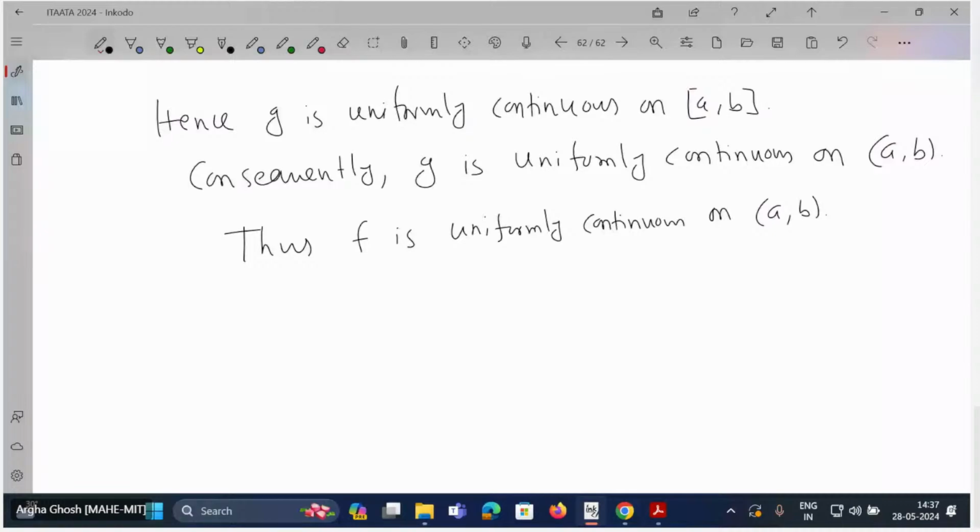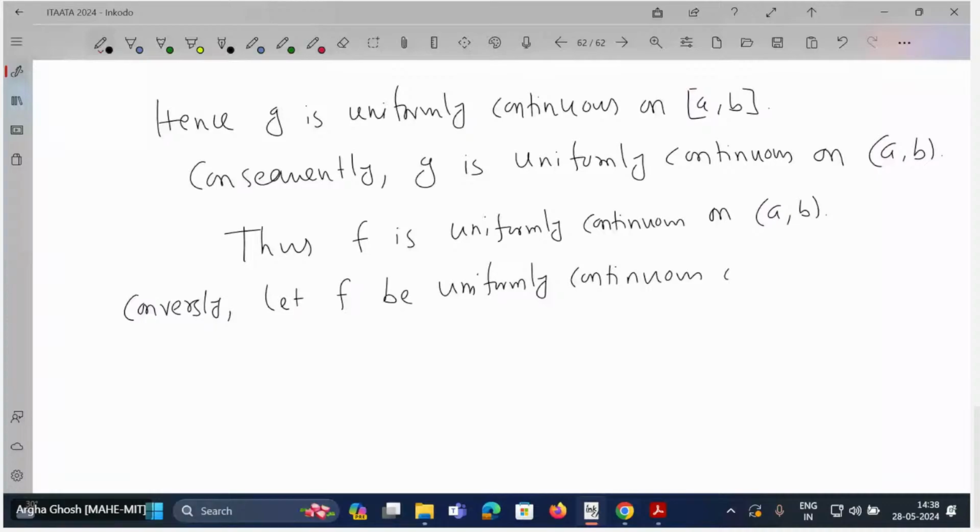What you have to do, you have to show that f is uniformly continuous on open interval (a, b). You have to show that both limit x tends to a plus f of x and limit x tends to b minus f of x exist finitely. How to do it? So now converse part. Conversely, let f be uniformly continuous on open interval (a, b).